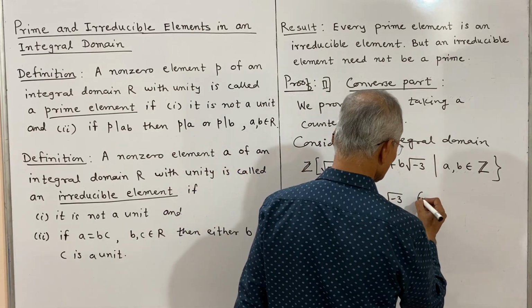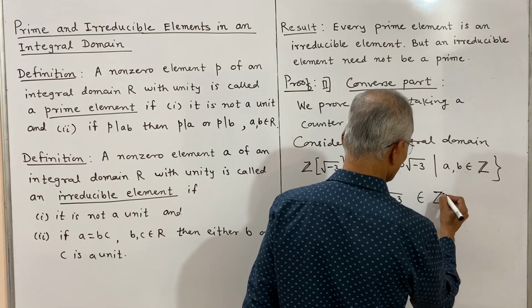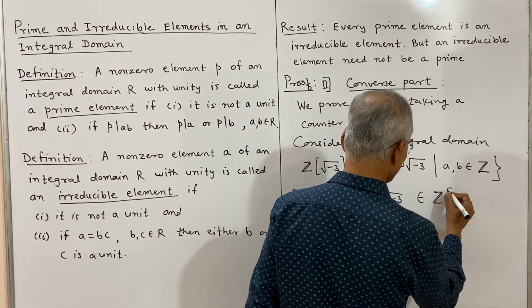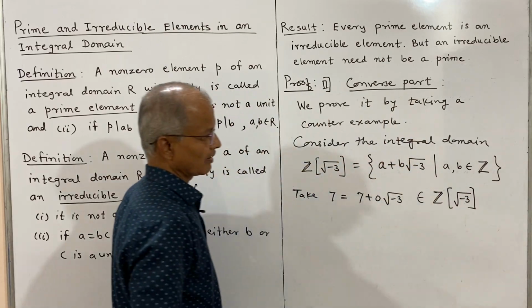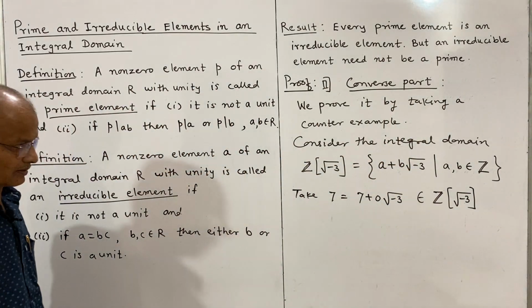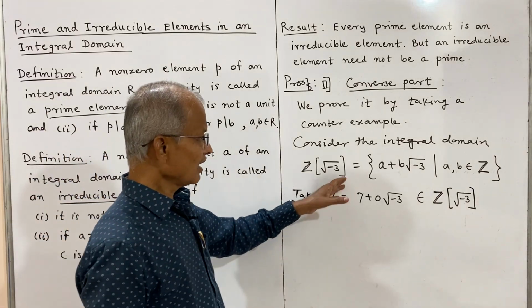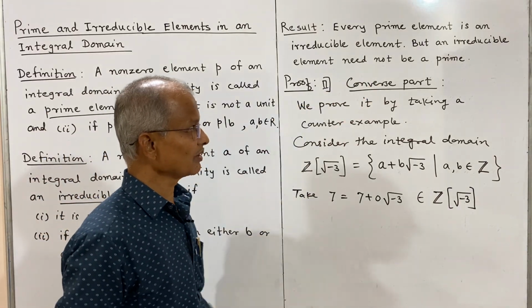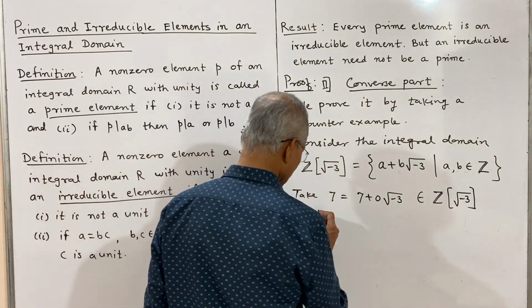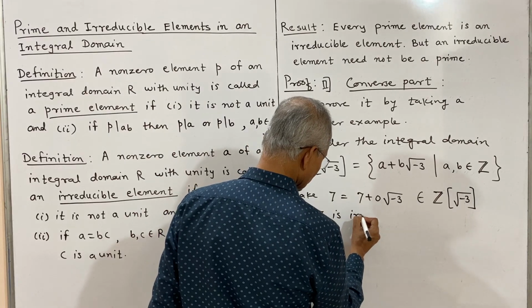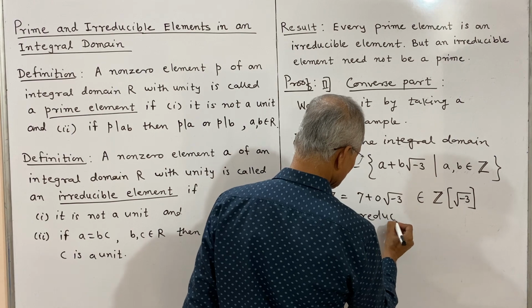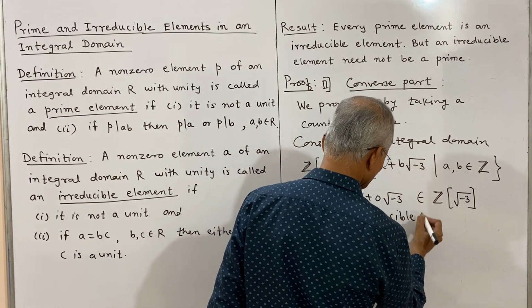This belongs to the integral domain Z of under root minus 3. This is irreducible, we shall prove: 7 is irreducible. How to prove 7 is irreducible, that we shall see first.